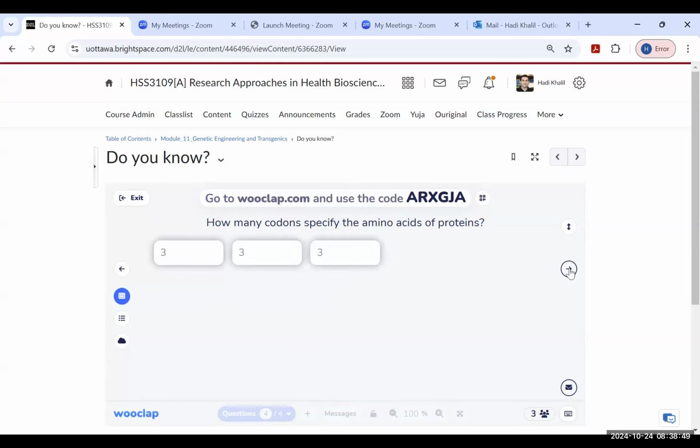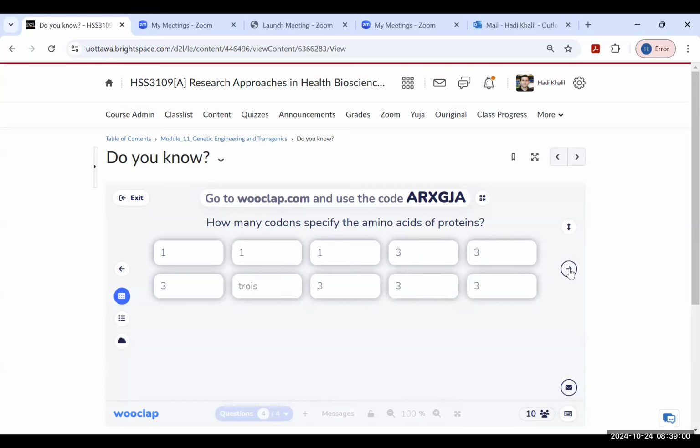Then, how many codons specify the amino acids of protein? No, no, no. A codon is 3 base pairs. How many codons? How many in total? No, not 3. There are 3 base pairs. You are right, 3 base pairs, but how many codons in total? 64.